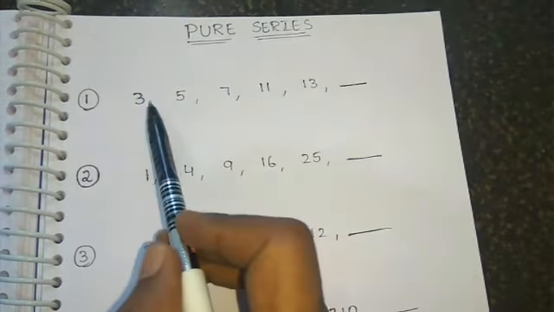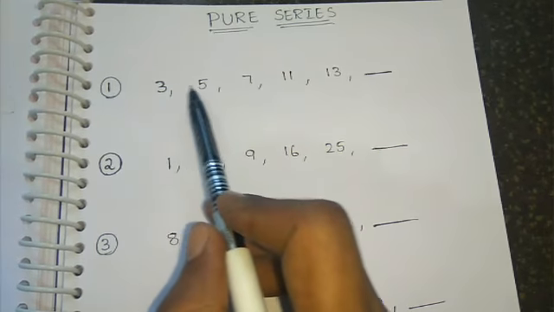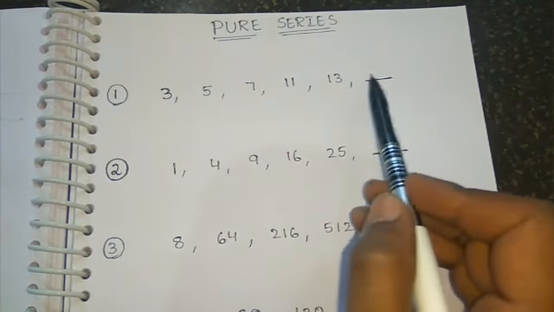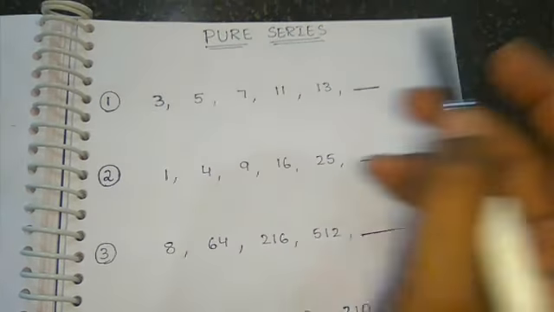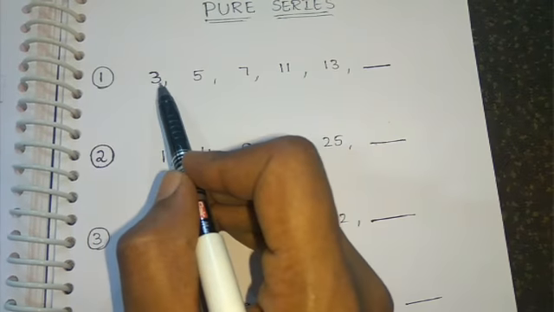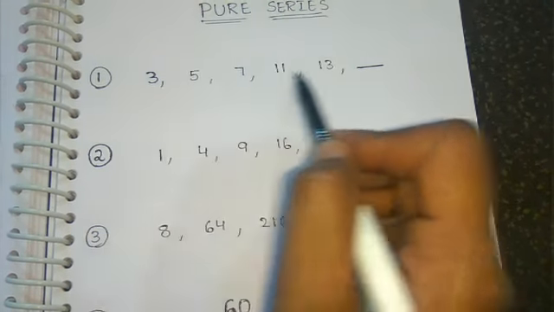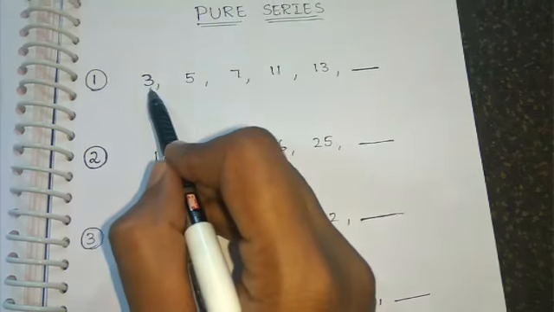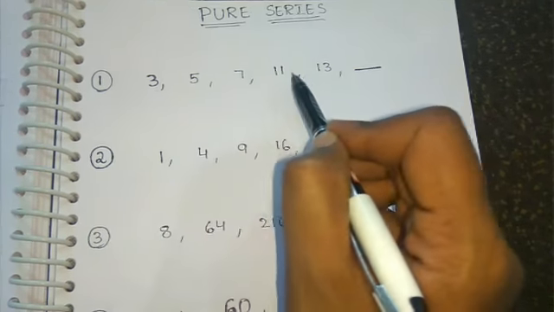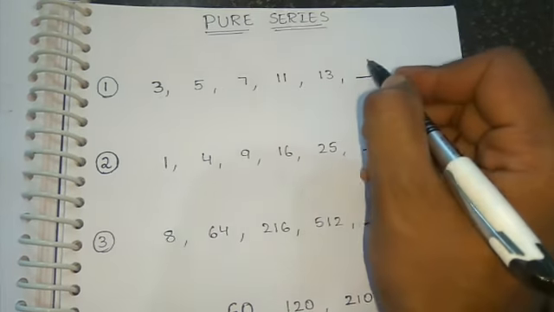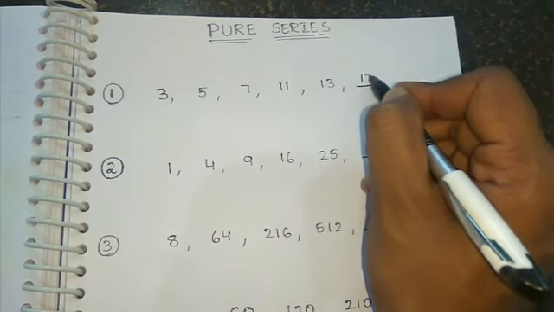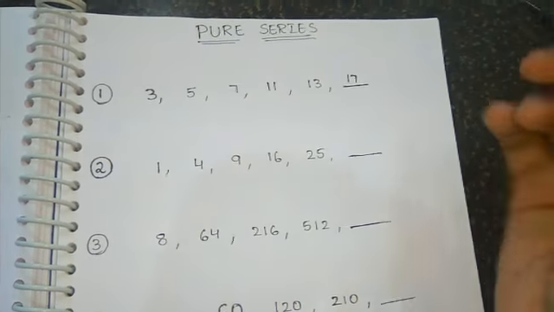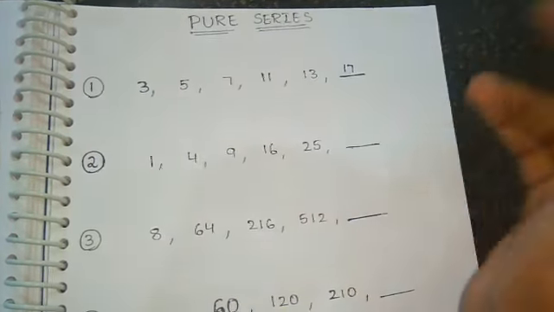See the first example here: 3, 5, 7, 11, 13, and the next one. We clearly understand that these are the prime numbers, right? 3, 5, 7, 11, 13, and the next one will surely be 17. Okay, so we can go from the easy level to the hard level.